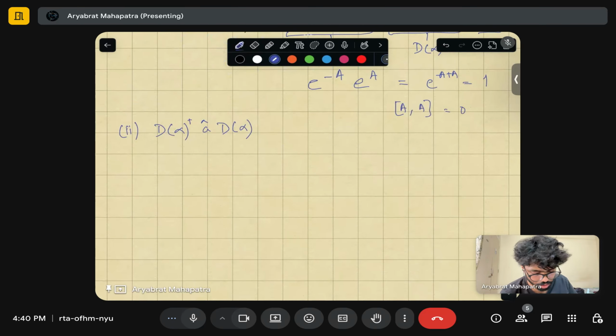So we know, we can write what we found for the alpha dagger.